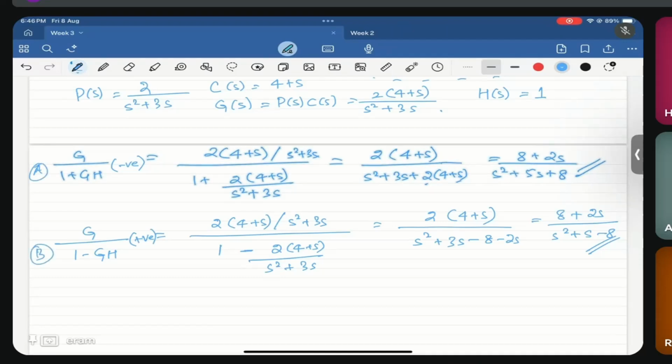So what are the poles of system A? Minus 2.5. Okay, let's calculate. So s square plus 5s plus 8. Can you factorize it?